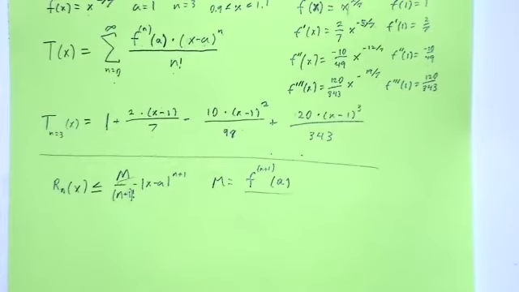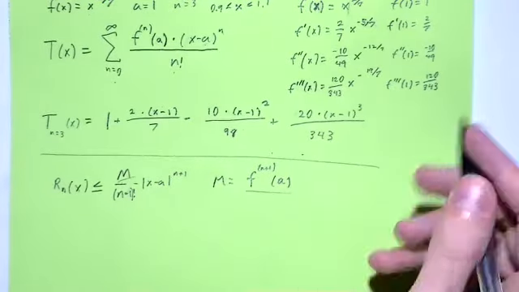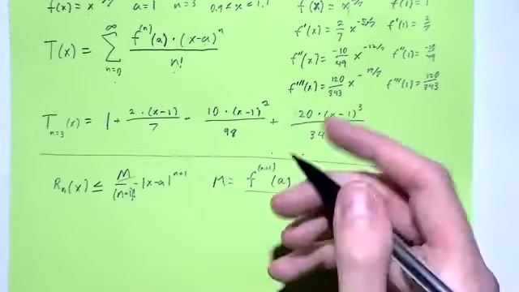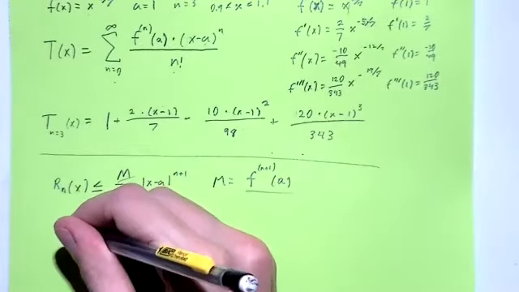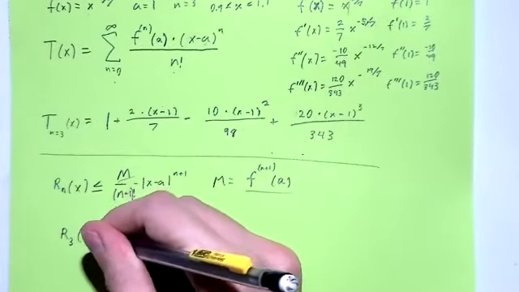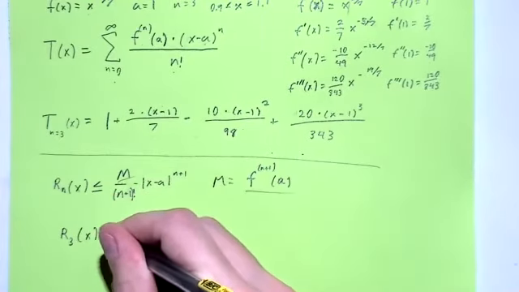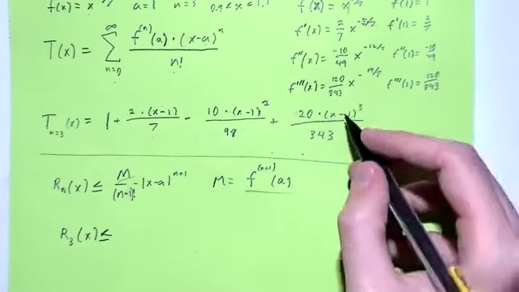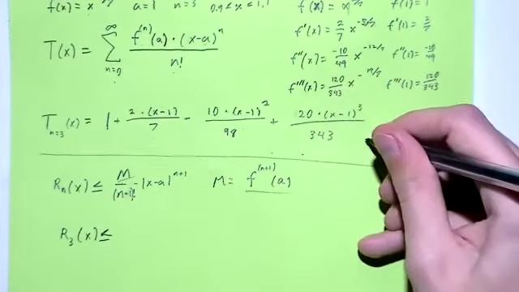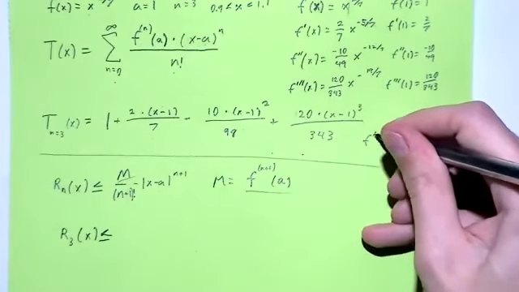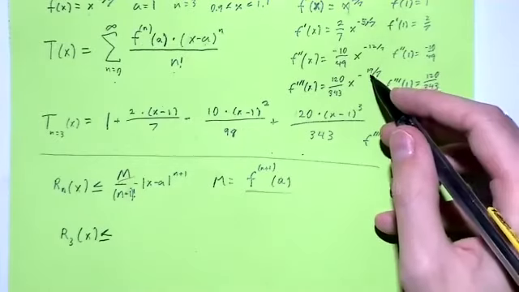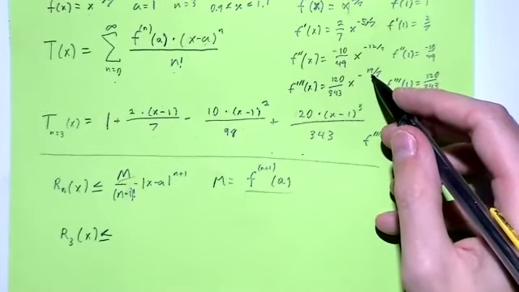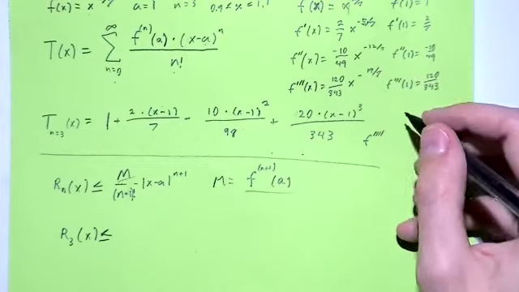All right. So for our case, we should probably find M real quick. So we have R3 of X, and so we need to take the fourth derivative. Ooh, that is very much not fun numbers to multiply.